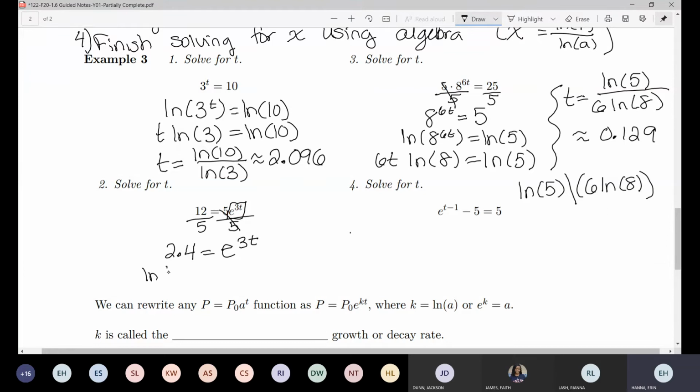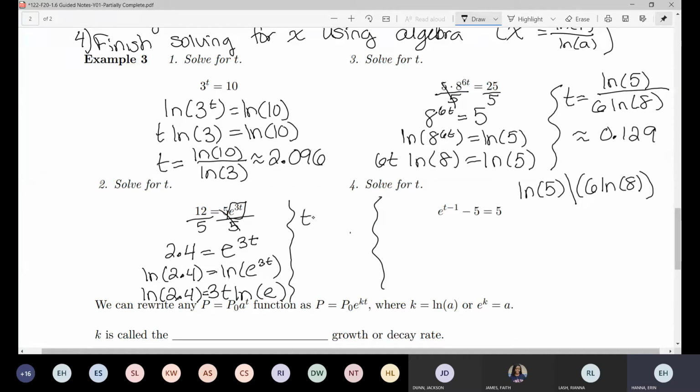Take the natural log of both sides. Bring the power out. So bring the 3t out. Now we have a little bit of a choice here. The natural log of e is 1. So if you just want to reduce that to 1 and then just divide by the 3, that would be correct.